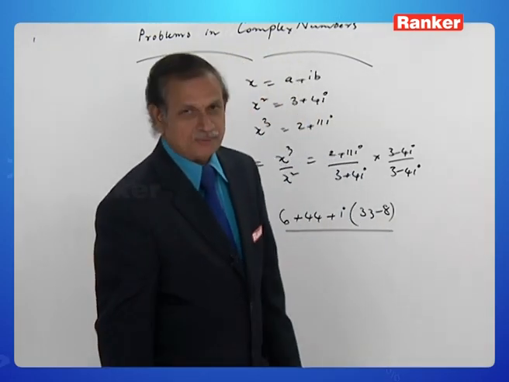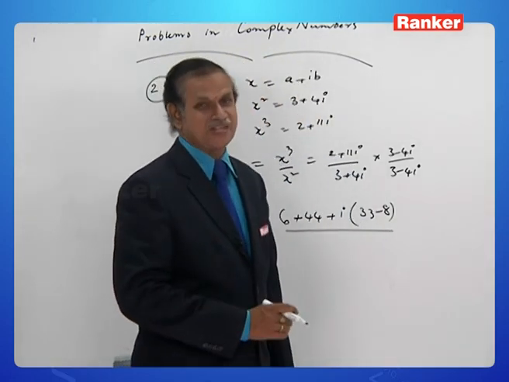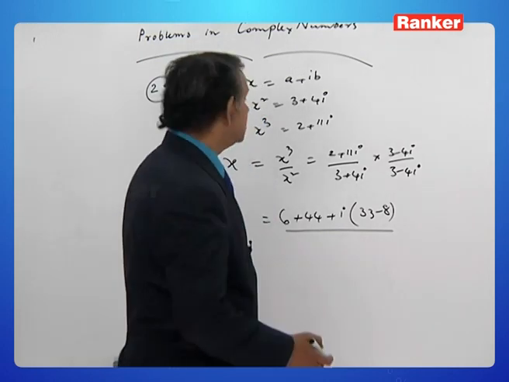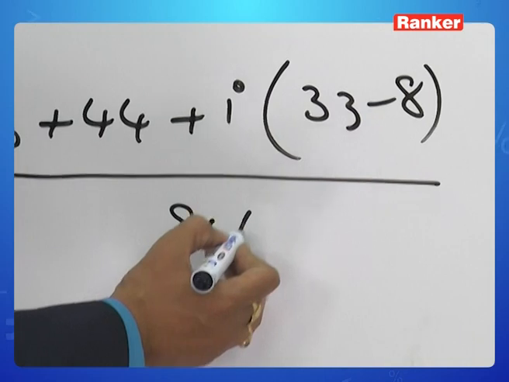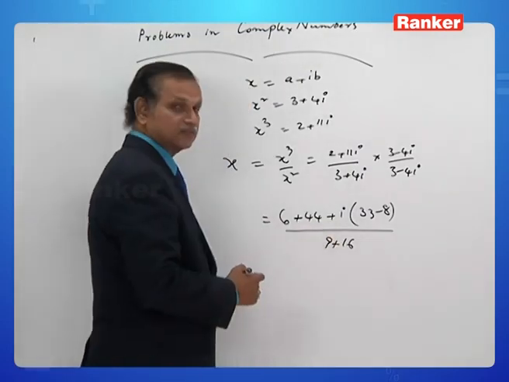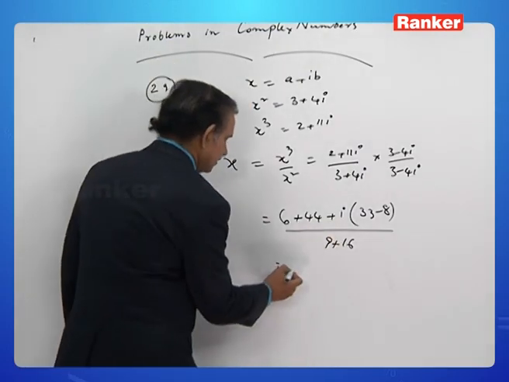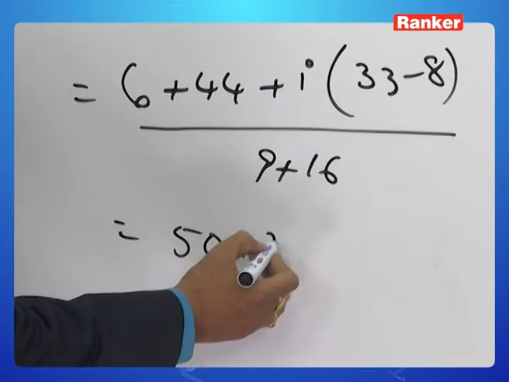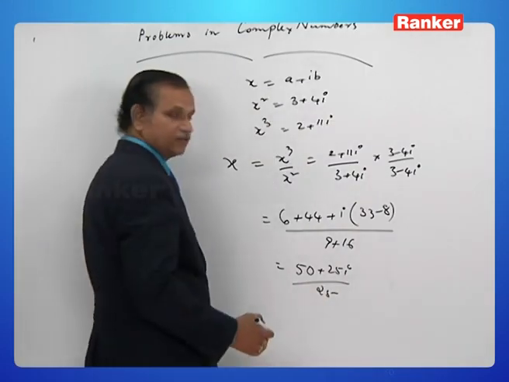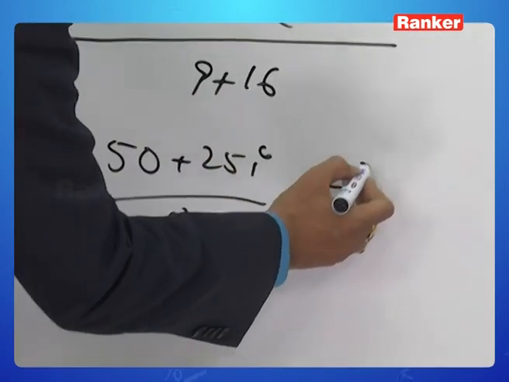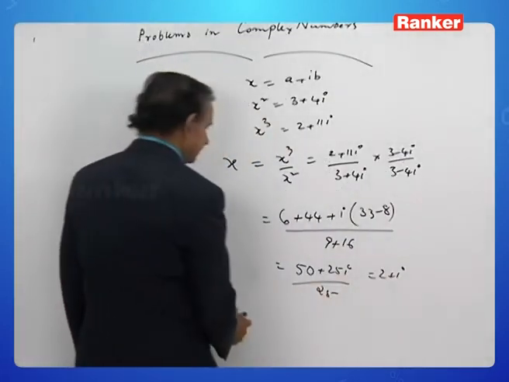Hence a plus ib into a minus ib is a square plus b square. Accordingly, 3 plus 4i into 3 minus 4i is 9 plus 16. 44 plus 6 is 50. This is 50 plus 25i by 25. If you divide it by 25, you are going to get 2 plus i.